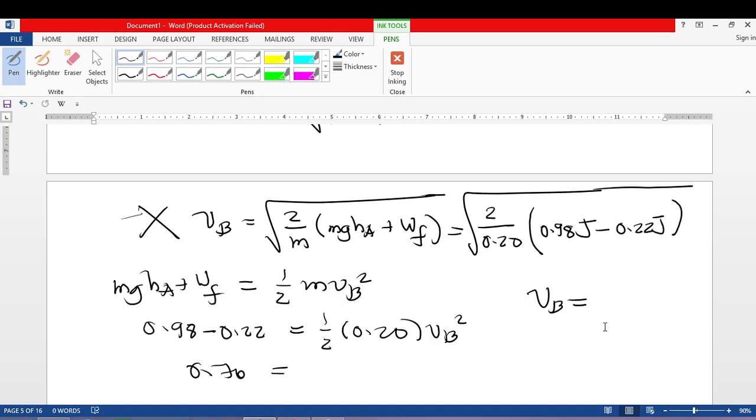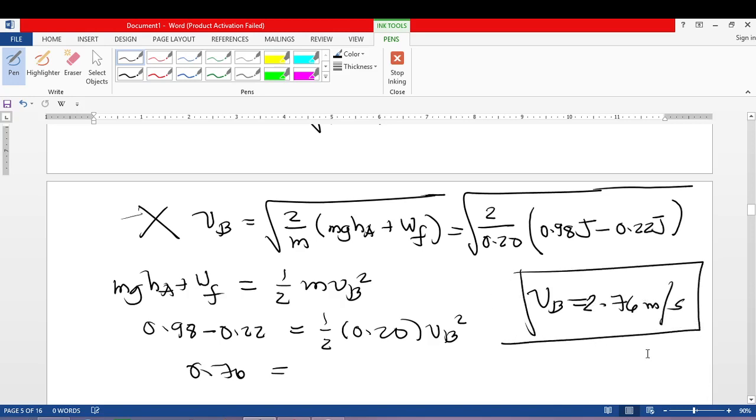Okay, so what is happening? Yeah, 2.76 is the answer. So the VB is 2.76 meters per second.